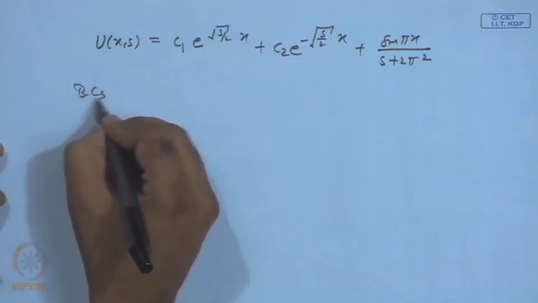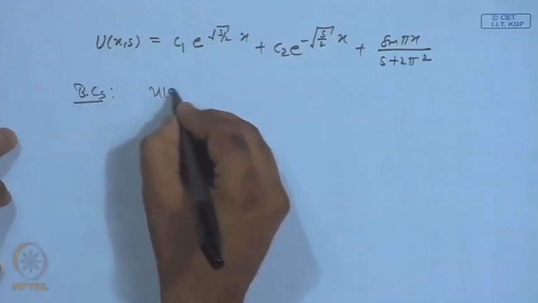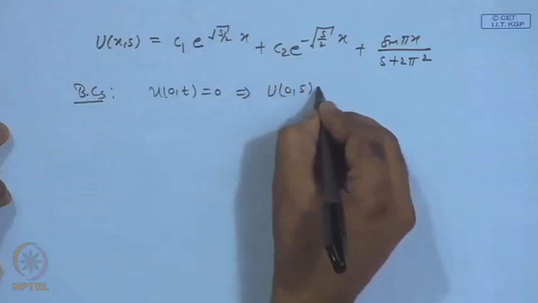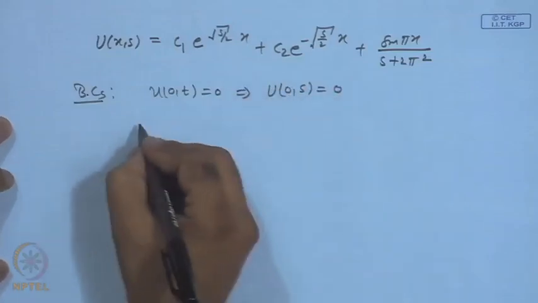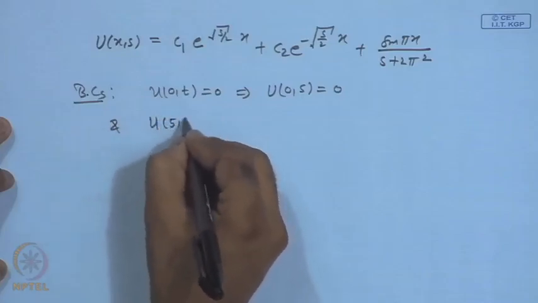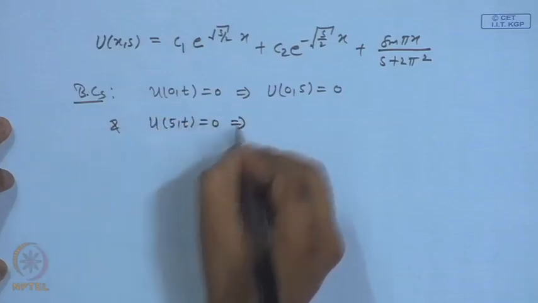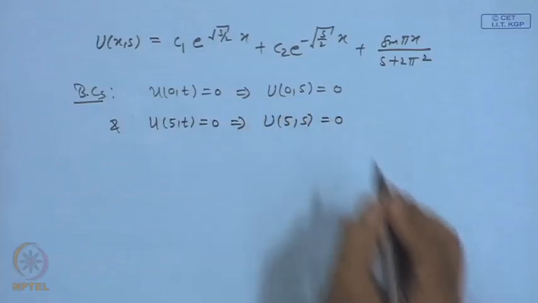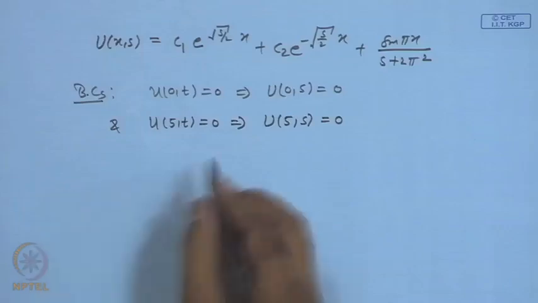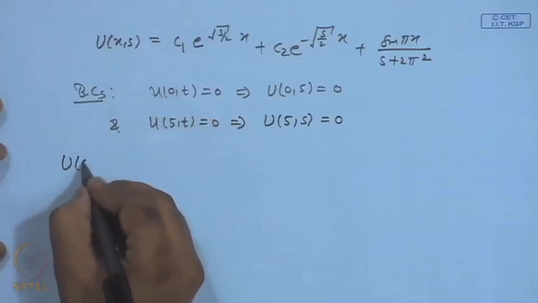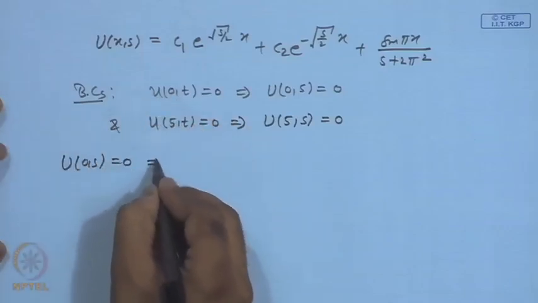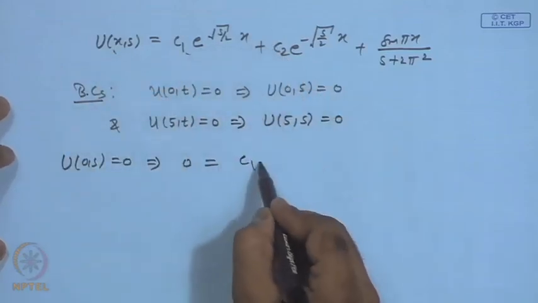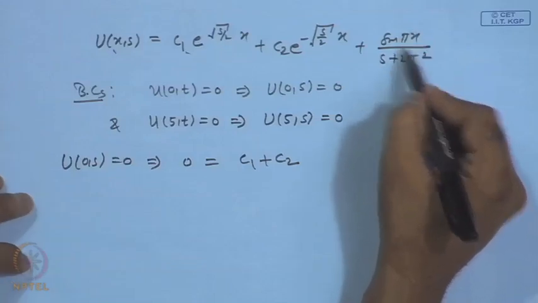Now, the boundary conditions, and these boundary conditions are u 0 t is 0. So, this will give us u 0 s is 0, and we have u 5 t is 0, and this will give us u 5 s is 0. So, the first boundary condition u 0 s is equal to 0 will give us here 0 is c1 plus c2, and this is when x is 0, this is 0.